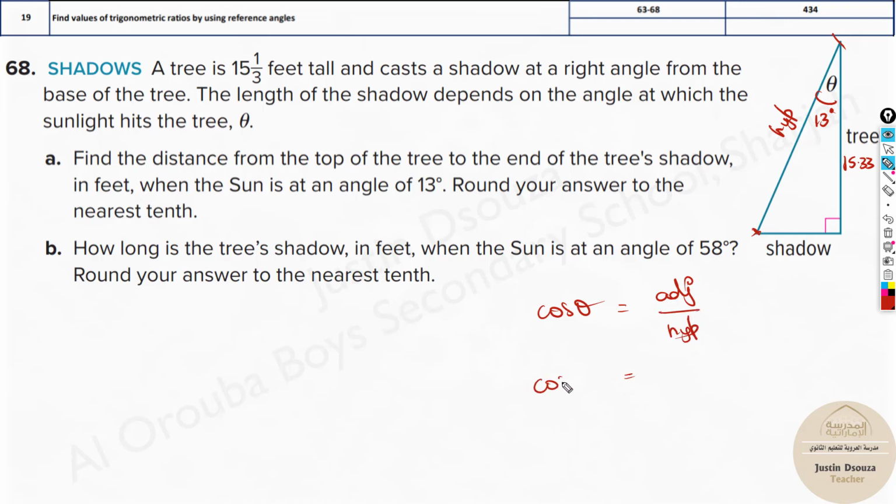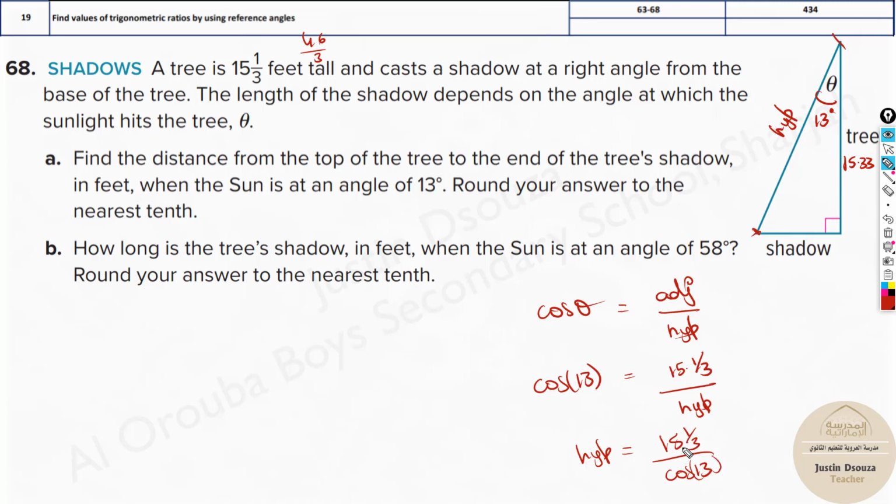Now I know cos 13 equals adjacent, that is 15 1/3, or you can write it as an improper fraction, 15 times 3 plus 1, that will be 46 by 3, this is also fine, divided by the hypotenuse, which is unknown. This is what we need to solve, right? We will take it to the other side. So the hypotenuse will be equal to 15 1/3 divided by cos 13.